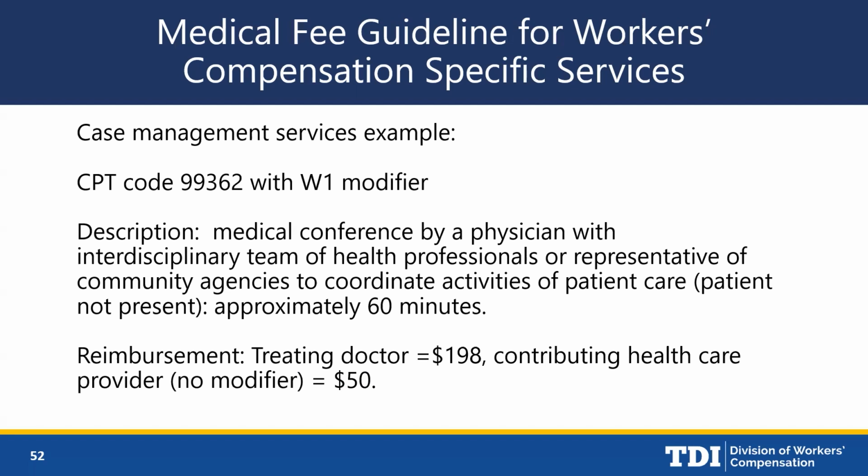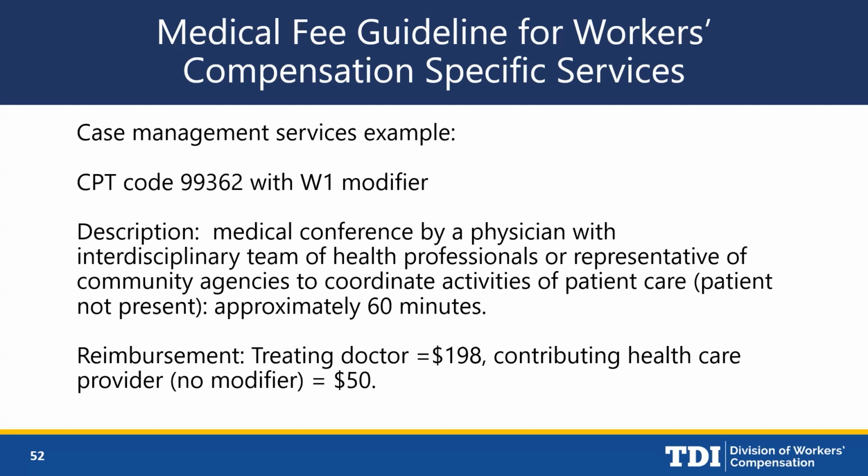Let's use an example. 99362. They also provide modifiers in that rule, with a W1 modifier. The description for 99362 is medical conference by a physician with an interdisciplinary team of health professionals or representative of community agencies to coordinate activities of patient care. Patient's not there, and it's a 60-minute event.